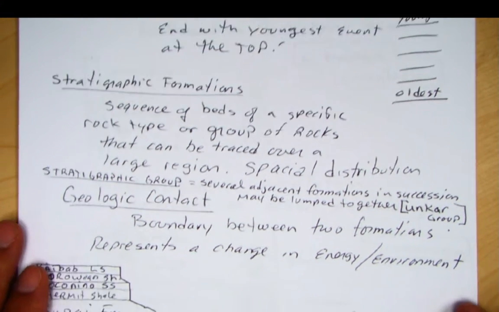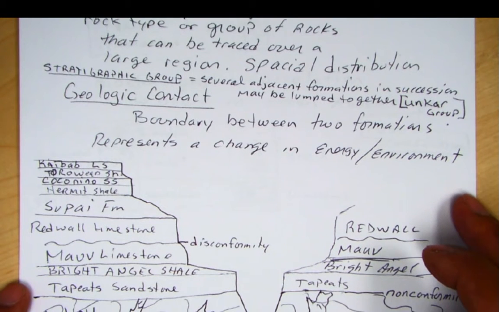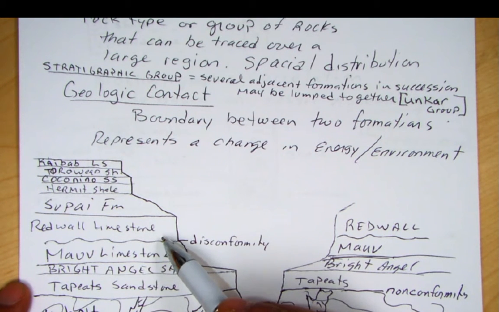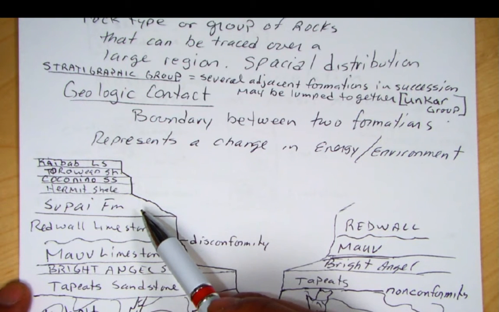Now, when we're looking at outcrops and formations, we have this concept of a geologic contact, which is a boundary between two formations, and it represents a change in energy and environment, right? For example, the Redwall Limestone is marine, relatively deep water, whereas the Supai is shales and sands, so these are near shore, shallow water deposits.